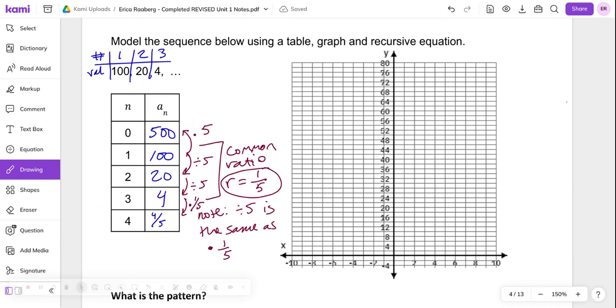All right, so let's look at our graph. Here we've got a little bit more of a problem. I didn't make the graph quite big enough. The first term is 100, which is off my graph by a decent amount. So I'm just going to start with the second term. When x is 2 or when n is 2, a sub 2 is 20. But if we think about that first term being 100, I would want to go 20 above 80.